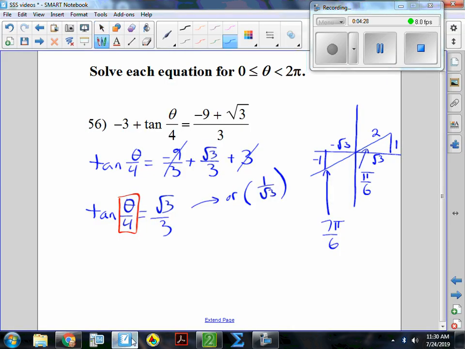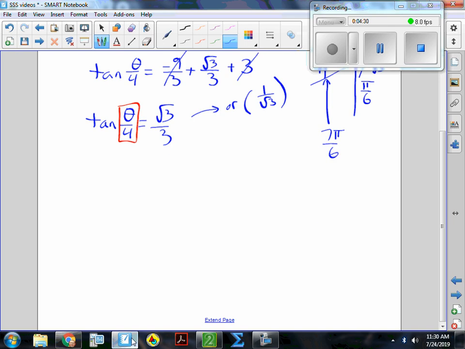We're trying to figure out where that is. So I use my general solution. I say the inverse tangent of both sides. I cheat a little when I kind of just draw it around the whole thing. It's not good mathematical writing there, but I get over it. All right, inverse tangent theta over 4 is theta over 4. Inverse tangent 1 over root 3 is pi over 6 plus pi n. Okay, again, that general solution, even though we're making it smaller instead of larger, looking for fewer solutions.